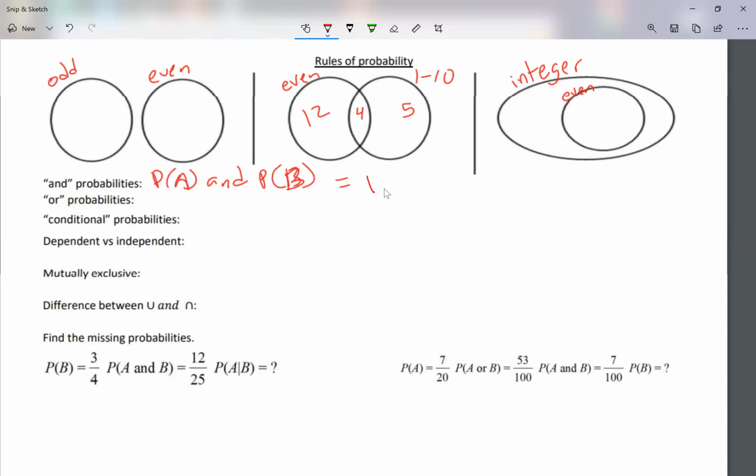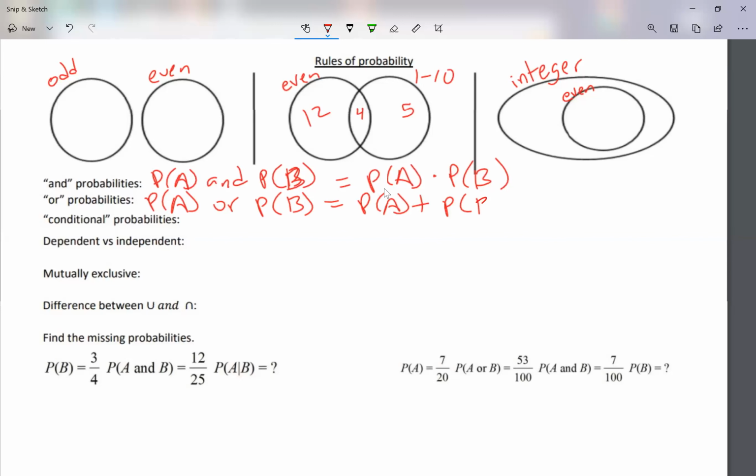This is probability of A times probability of B. When I use the word or, we're going to add. What I mean is probability of A or probability of B, two different events, is going to be the same thing as probability of A plus probability of B. So that's the difference between and and or.